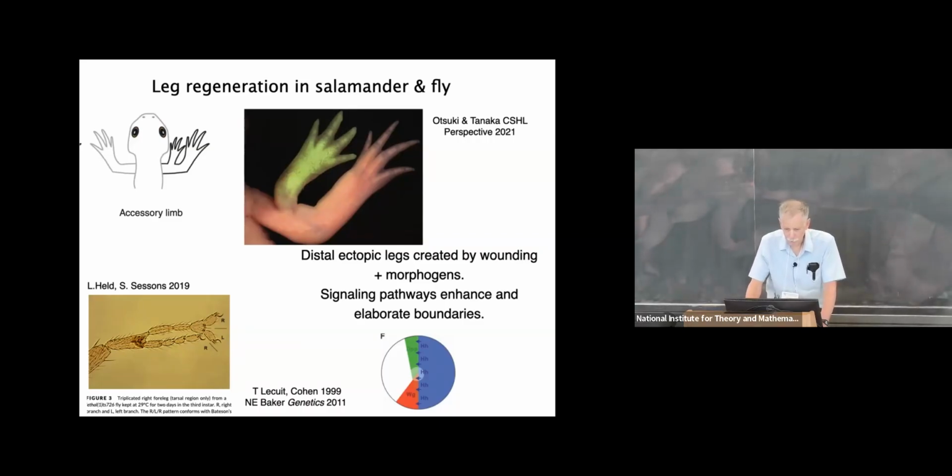On the upper right, you see what was done was to wound the salamander limb on the anterior side to bathe the limb in a solution of the posterior morphogen, and the opposition of those two morphogens then gives you this outgrowth shown in green with rather high fidelity.